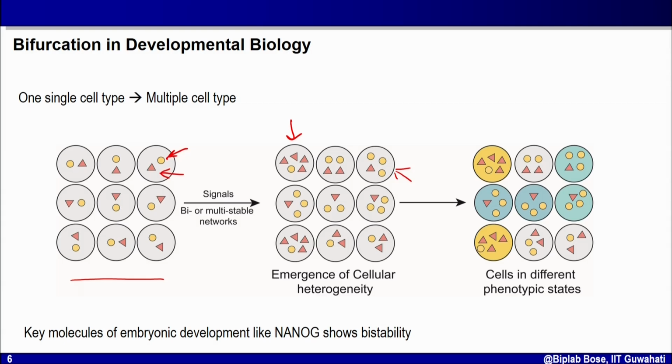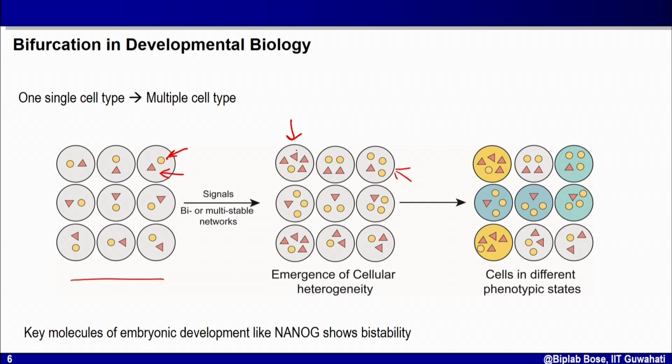So imagine this yellow protein and the red protein control differentiation of the cell. So suppose maybe the red protein pushes the cell towards a neuronal cell type, whereas the yellow one pushes it to a different cell type, type B. So what will happen?